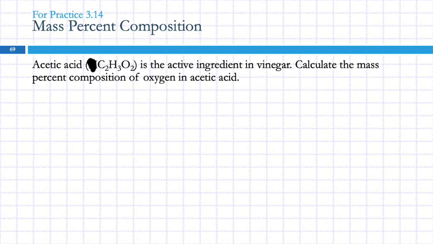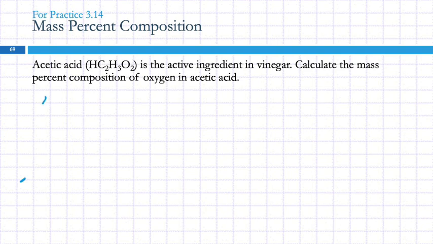Yeah. It's an oxyanion. That's in the table of oxyanions. It's called acetate. And so you take the ate and you change it to ic, acetic acid. That was kind of an aside. So we're supposed to calculate the mass composition of oxygen.